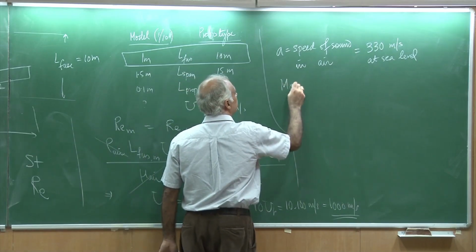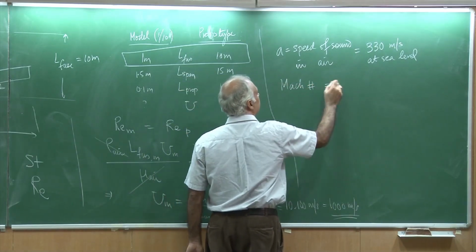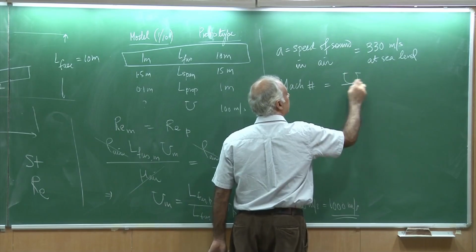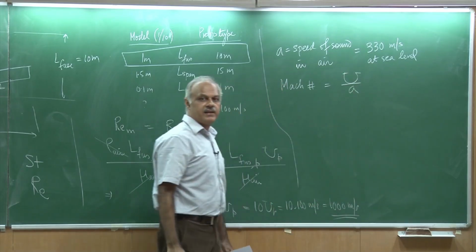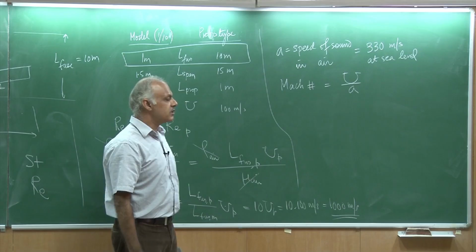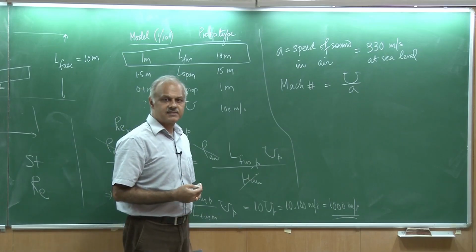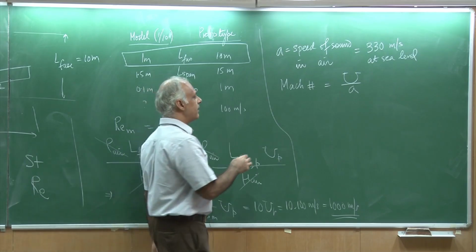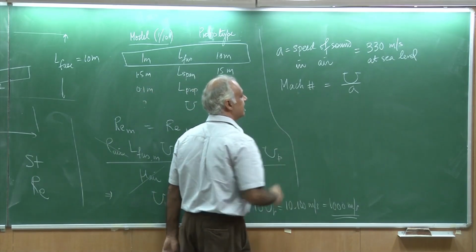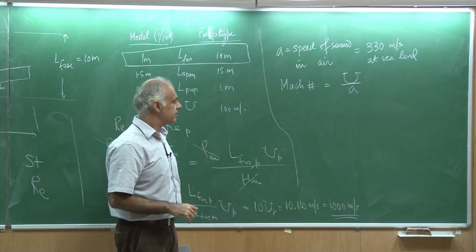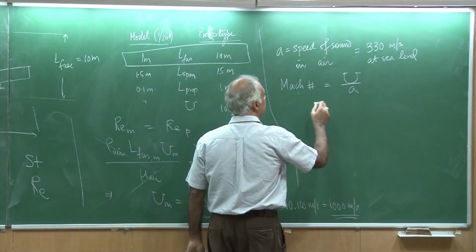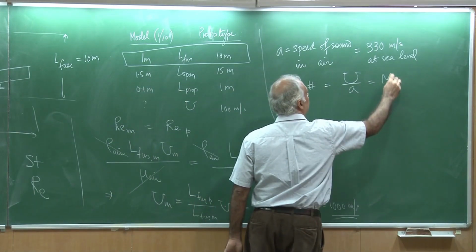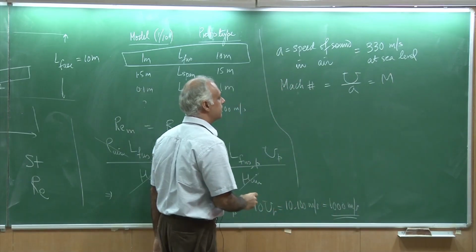Mach number is defined as u divided by a, and it relates to the compressibility effects. Okay, we have not done this explicitly, but it is good to remember that Mach number reflects the compressibility effects. Now, this I will call as M, Mach number.